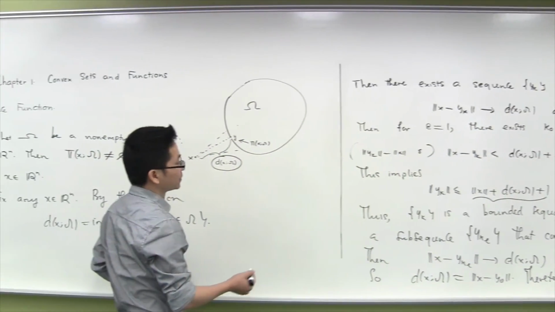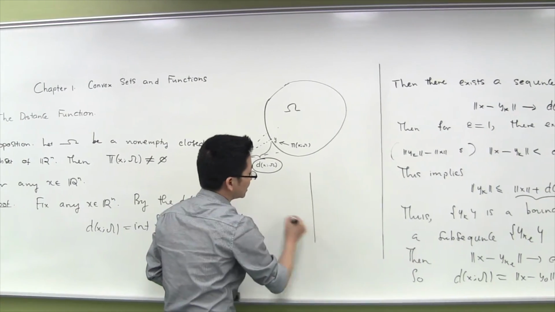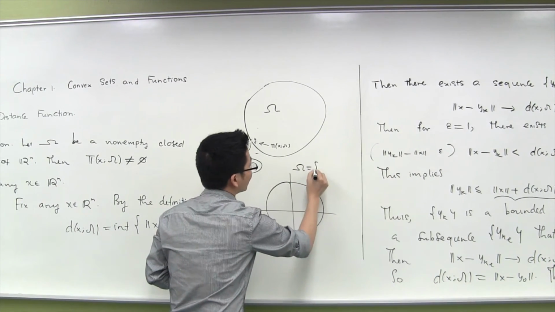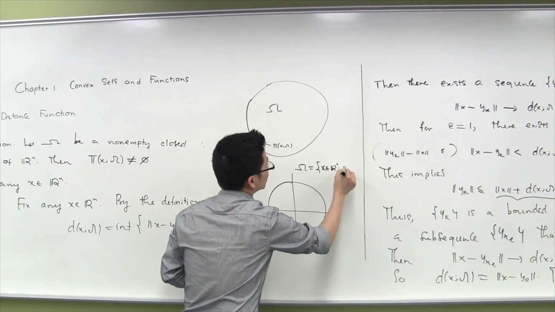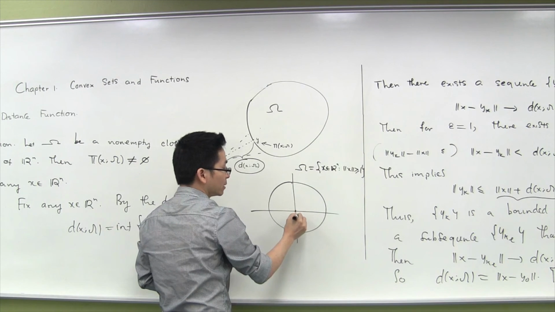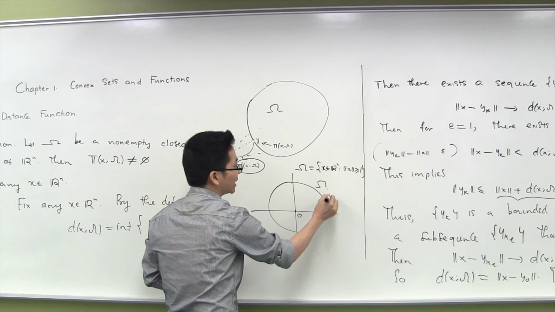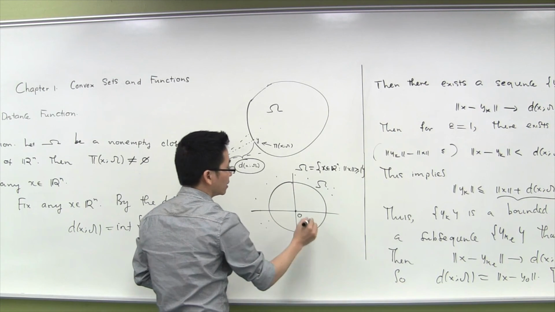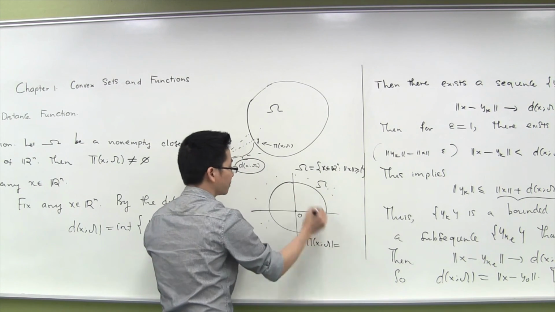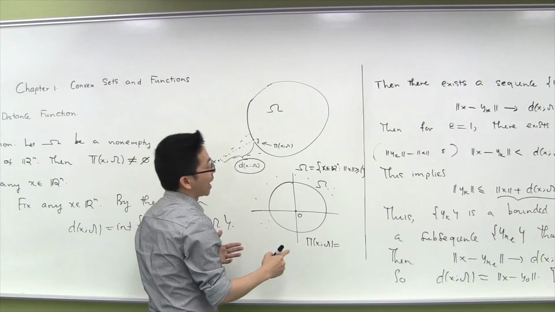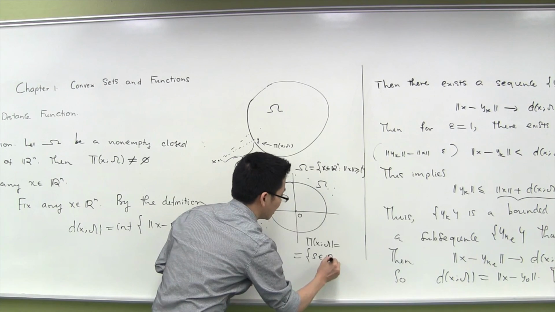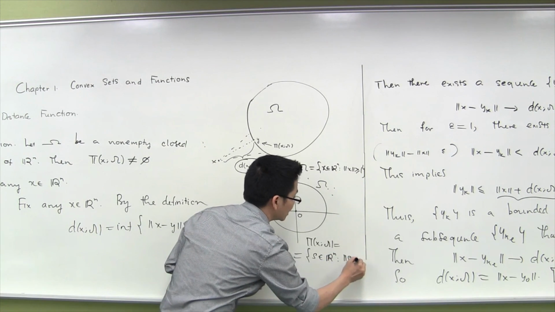For example, if omega is the set of all x in R^n such that the norm of x is greater than or equal to 1, then if we find the projection from 0 to the set omega, the Euclidean projection is the unit sphere of R^n, the set of all s in R^n such that the Euclidean norm of s is equal to 1.